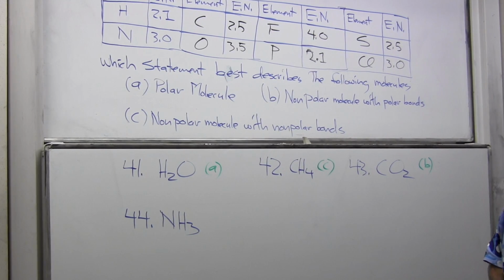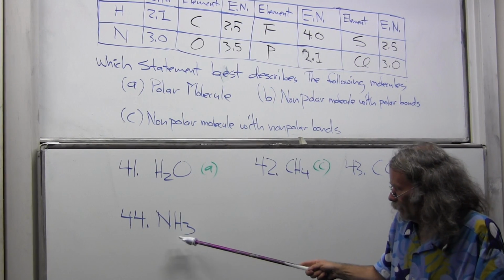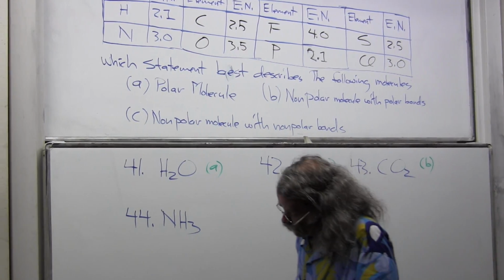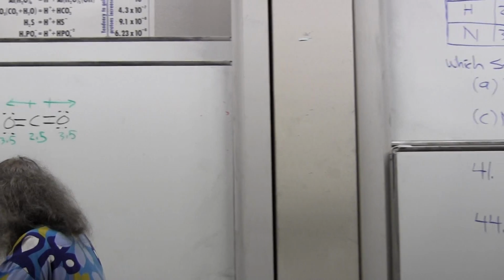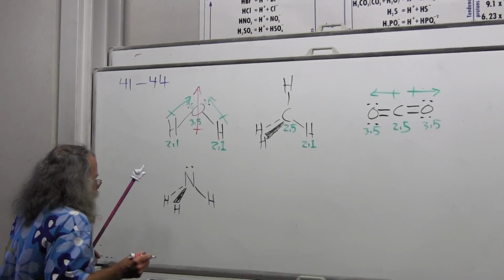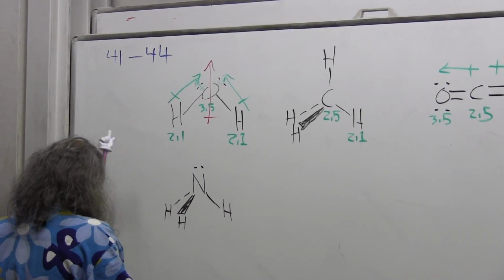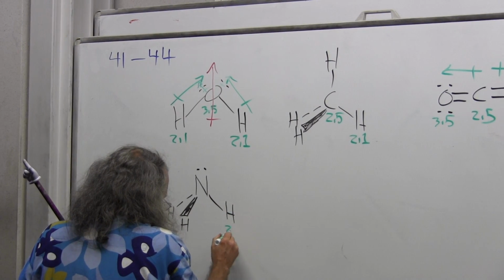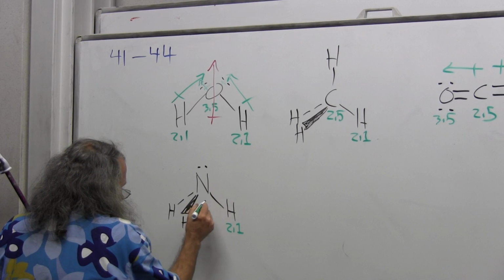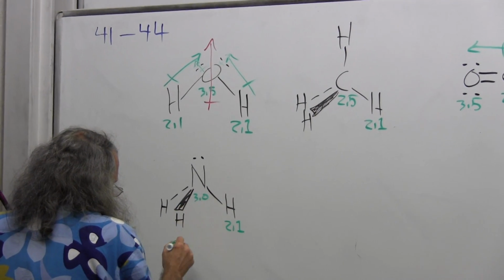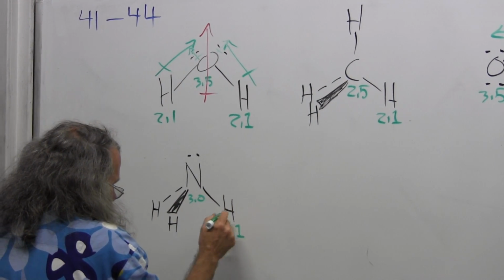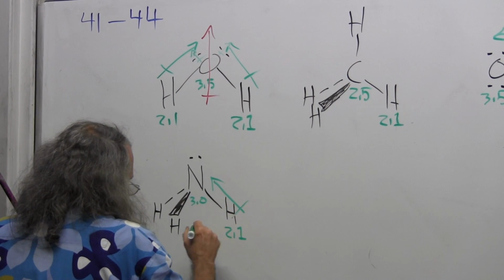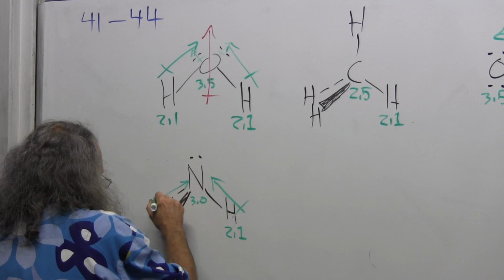Now, for the last in this particular series, I've got the ammonia molecule, NH3. I've got hydrogen, which is 2.1, and nitrogen, which is 3.0. That means I've got a 0.9 difference. That's large enough to give me a dipole directed along each bond.